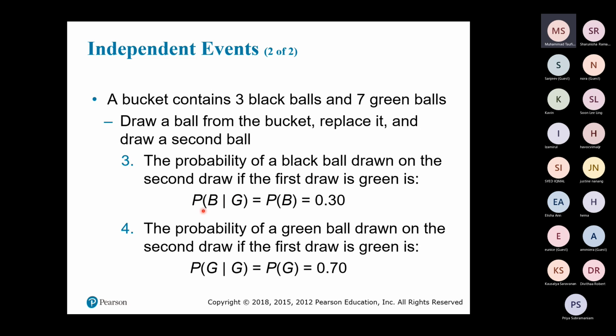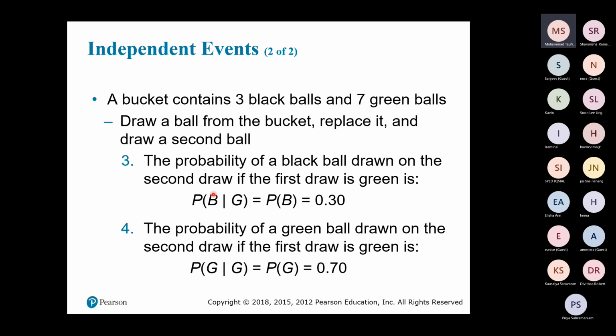Here you see, the probability of getting a black ball after you draw a green ball is equal to the probability of getting a black ball. Why did this happen? Because this is an independent event. Whatever you do in the first try will not influence the outcome of the second try.